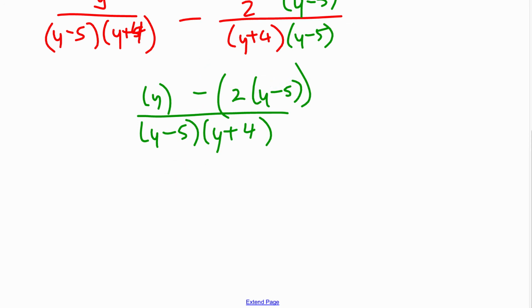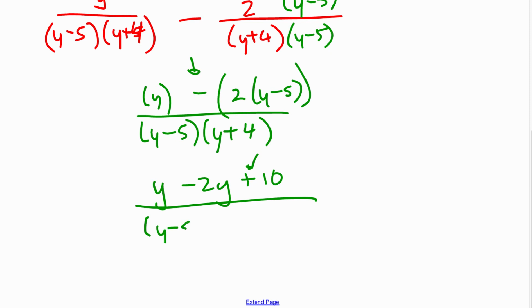So this is a dirty, rotten, filthy, stinking negative. So it'd be y, and then minus 2 times y would be a minus 2y. And a minus 2 times a minus 5 would be a positive 10. That's the sign that most students mess up on. Over y minus 5, y plus 4.